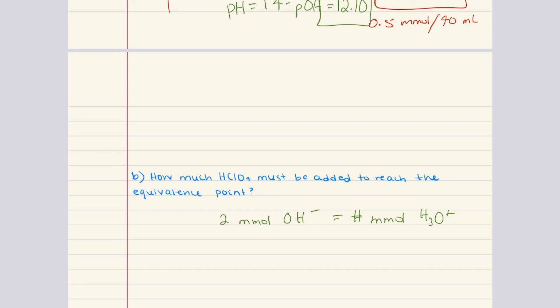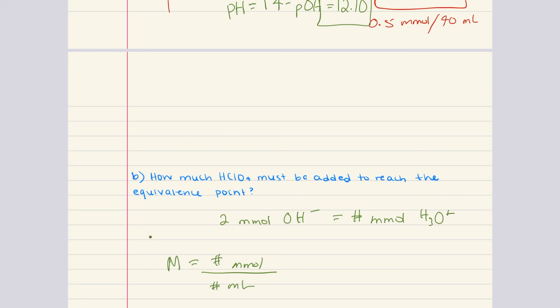If we have 2 millimoles of hydroxide ions, we need 2 millimoles of hydronium ions to reach the equivalence point. Then we can determine the volume of perchloric acid that's required from the molarity and number of millimoles. We know that molarity is equal to the number of millimoles divided by the number of milliliters.